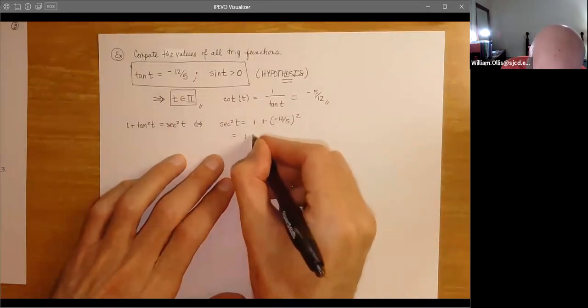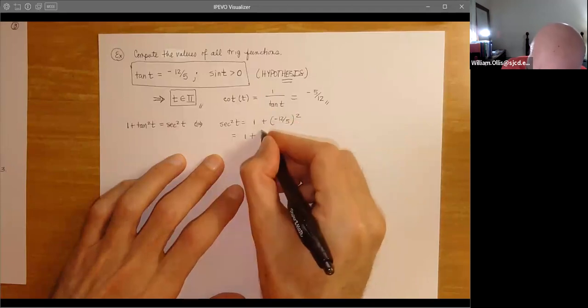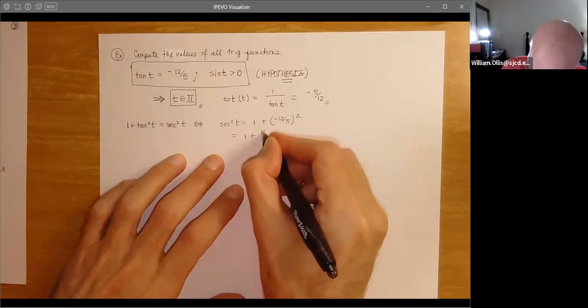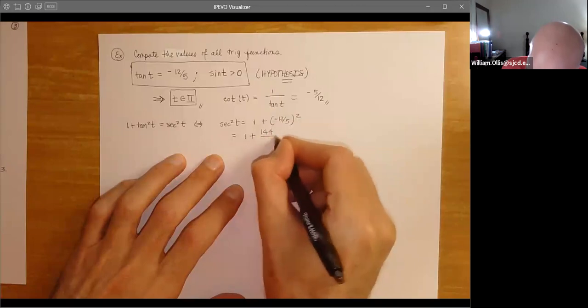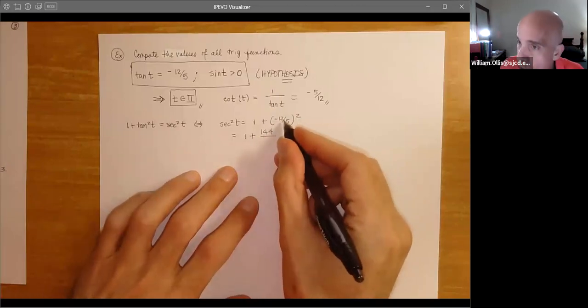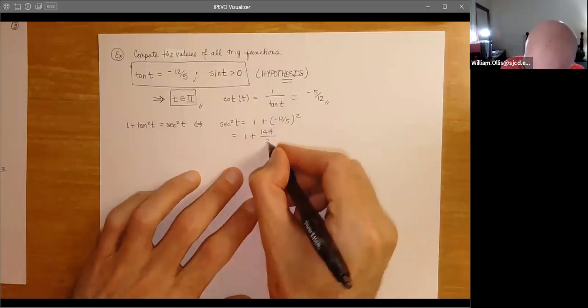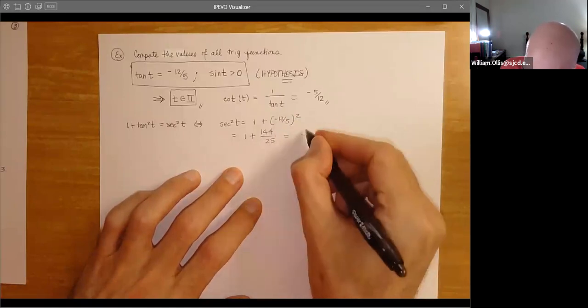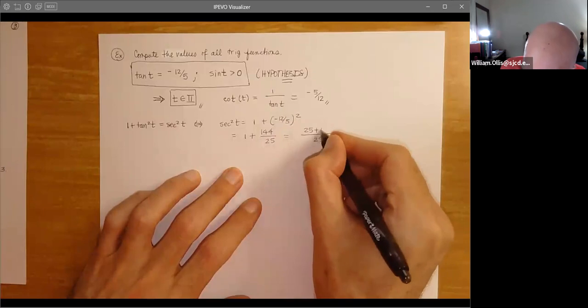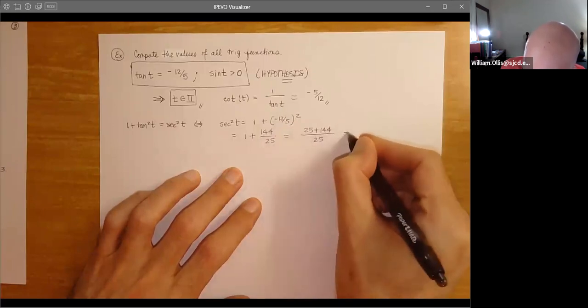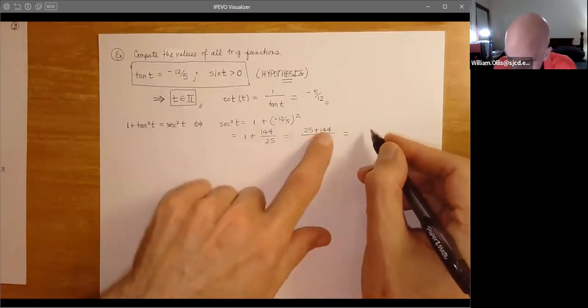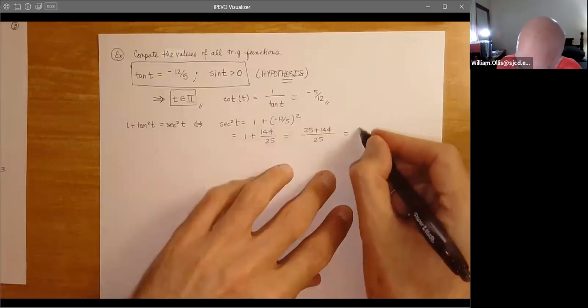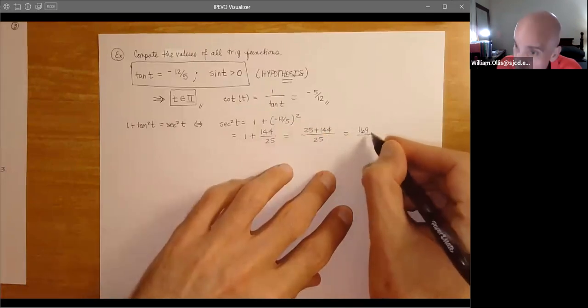So this gives us 1. Of course, the negative absorbs. So we've got nice numbers here, nice Pythagorean triples. That's always nice. 12 squared is 144 and 5 squared is 25. So we get a common denominator. So we have 25 plus 144. Again, nice numbers. That'll give us a 9 and a 6 and a 1. So 169, of course, that's a perfect square.